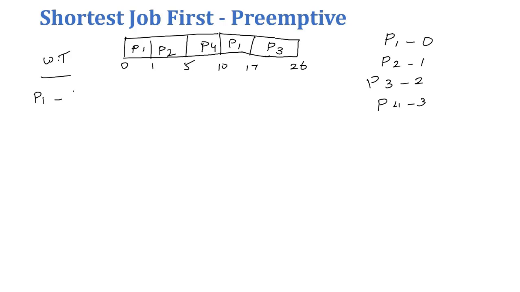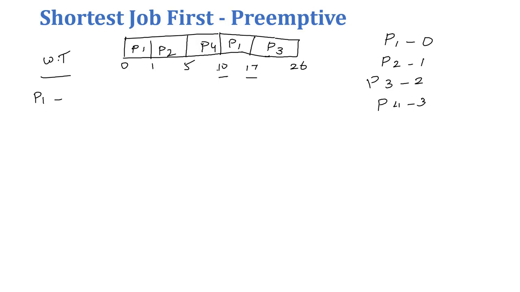How much is the waiting time for P1? When P1 completes its process, first we have to check that. P1 completes its process at the time of 17, and it gets a chance again at 10. But we can't simply say the P1 waiting time is 10, since we need to check two things: what is the arrival time of P1, and whether P1 has already executed in this timeline.